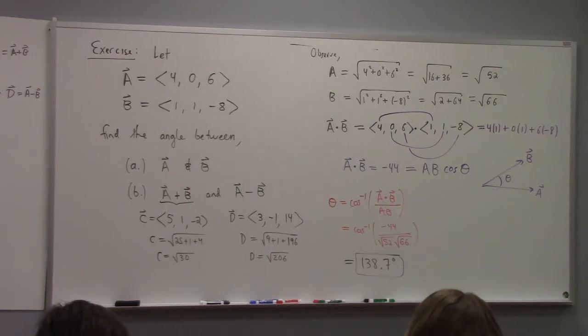So there we go. We got that beta is equal to the inverse cosine of minus 29. Is that minus 14? Is that minus 14? For the numerator?